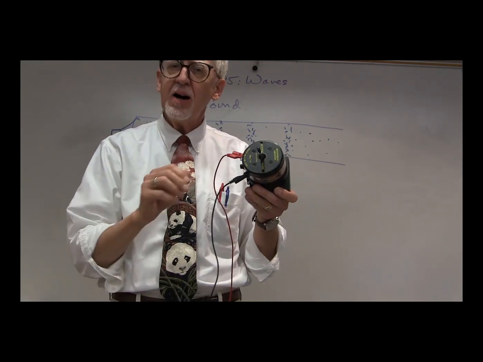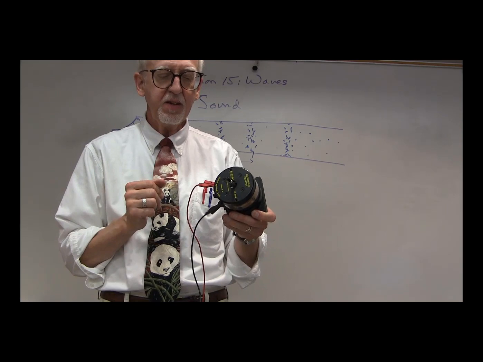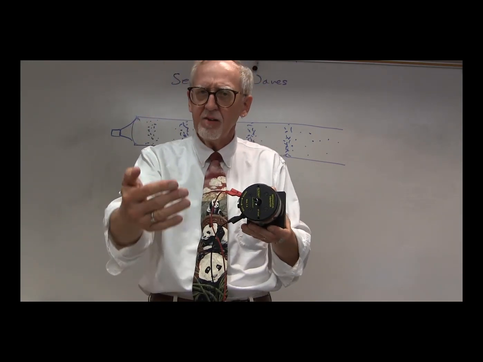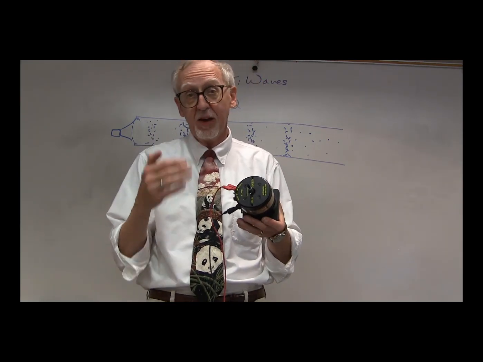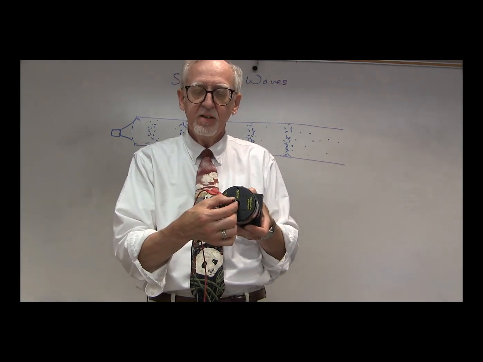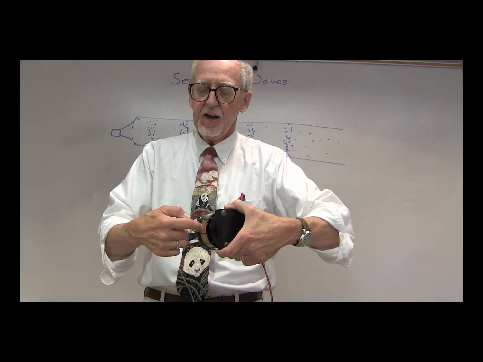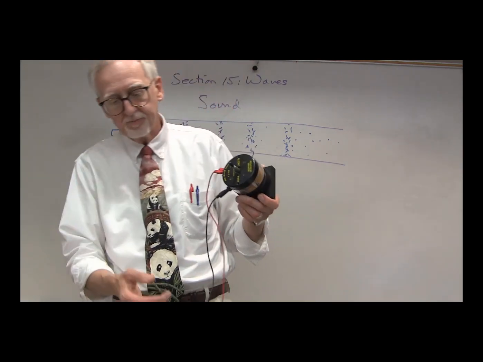Let's just say a positive voltage will push the speaker forward, a negative voltage pulls it back. So as we vary the frequency of the signal, this is going to push this plunger in and out and in and out, and it's attached to a speaker diaphragm right in here, and we'll be able to hear it as a sound wave.